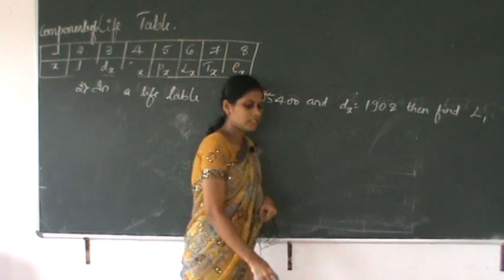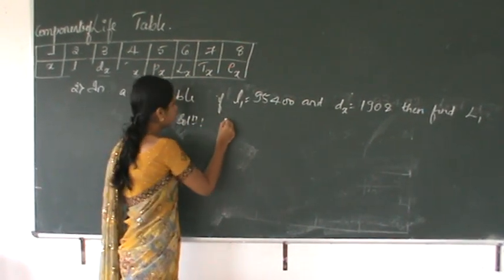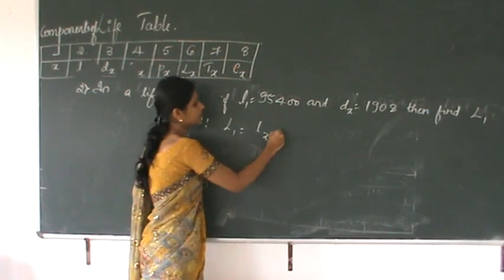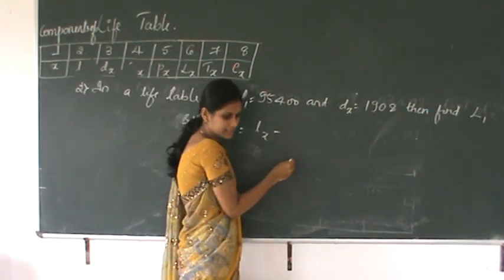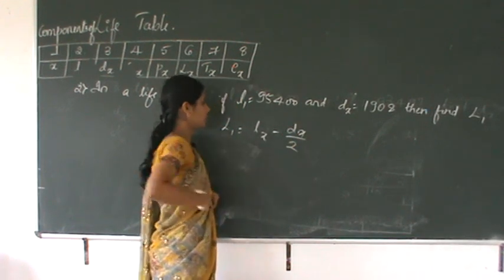So in the solution, the formula is Lx is equal to Lx minus dx divided by 2.